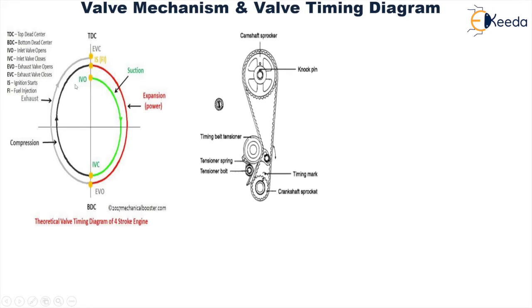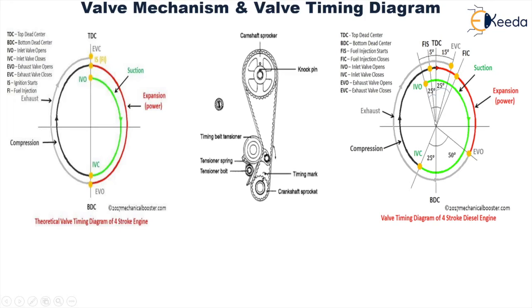And again, if you want it to be open till this point completely, you will have to close it somewhere over here after the piston passes BDC. Similarly, if you want exhaust valve to be open completely at this point, you will have to start opening it from this point, that is a little bit before BDC. And if you want it to be open completely till this point, you will have to close it over here somewhere after TDC. Let us see.